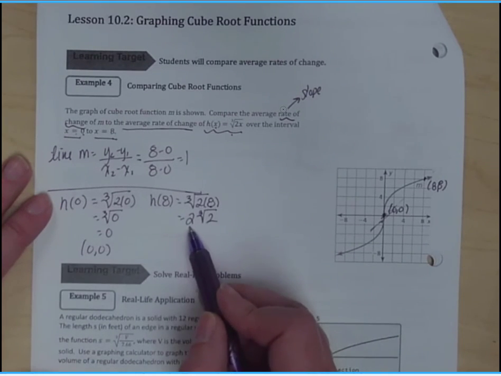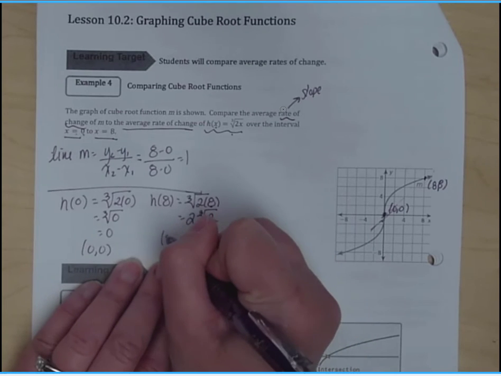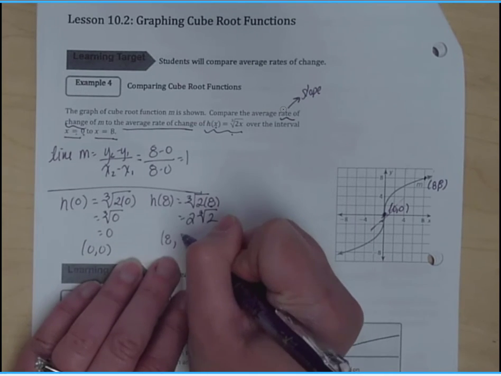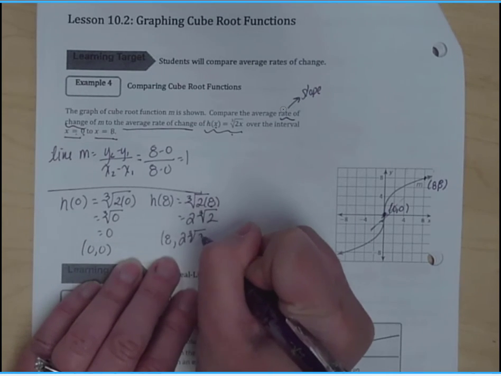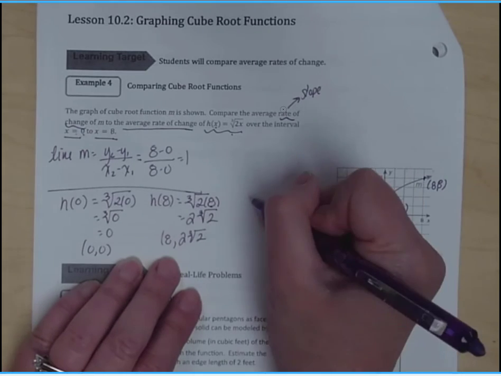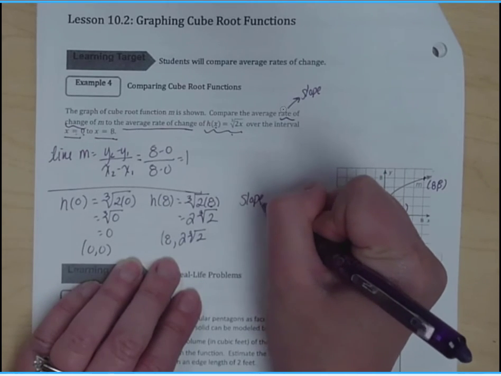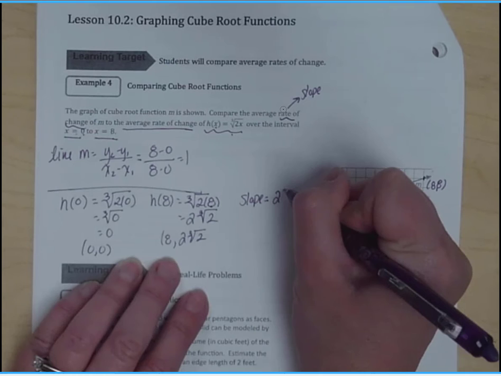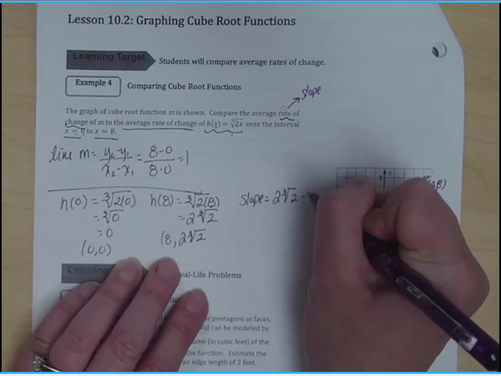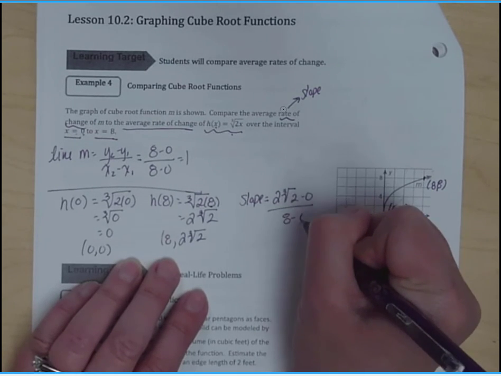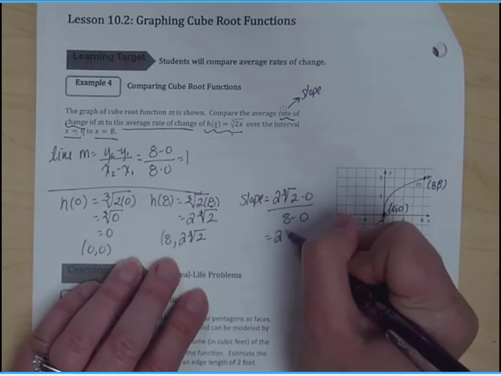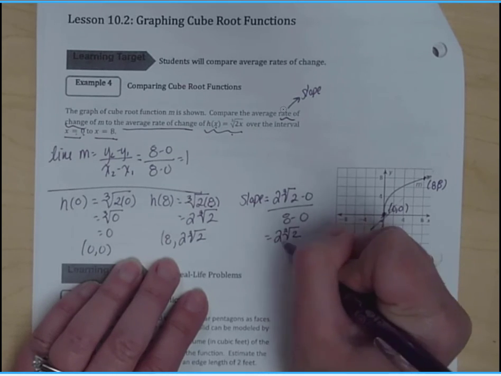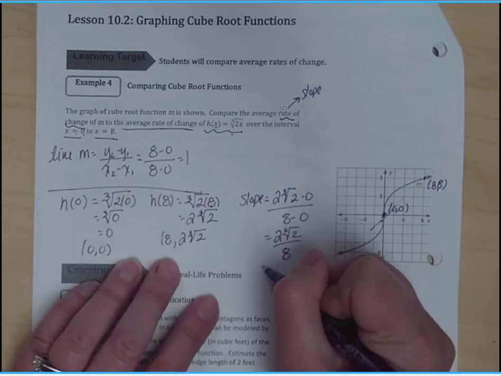So this point right here, I now have 8 and 2 cube root of 2. So now what I want to do is find my slope. So I have 2 cube root of 2 minus 0 over 8 minus 0. So I have 2 cube root of 2 over 8.